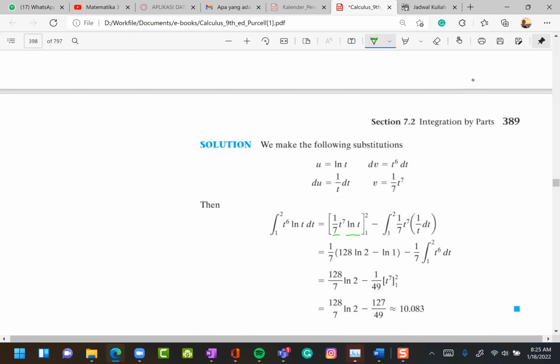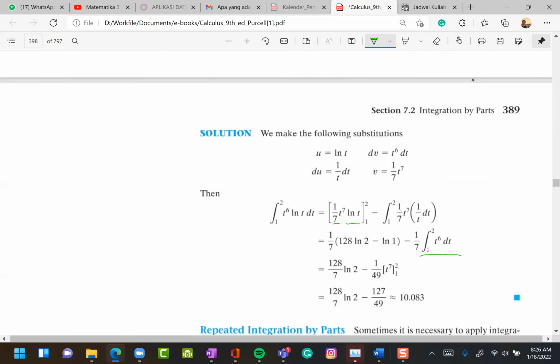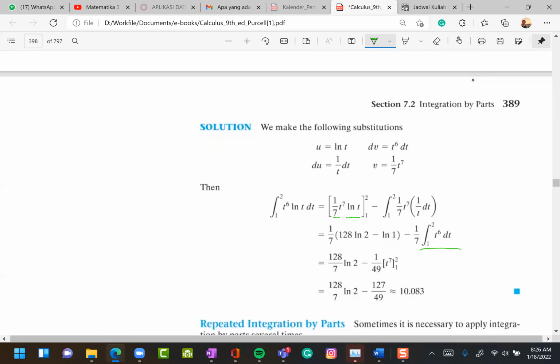And here, this integral now is just the integral of this polynomial. So that's easy. Then you can compute this one.